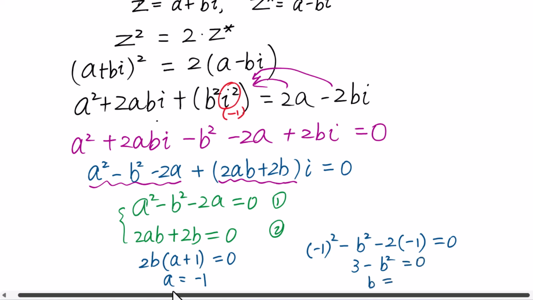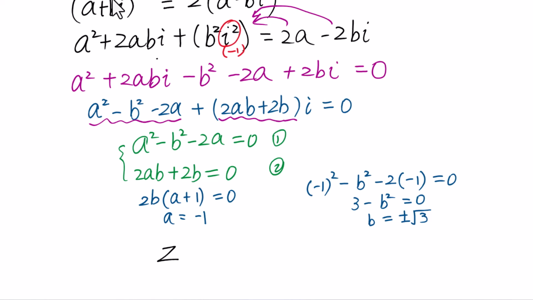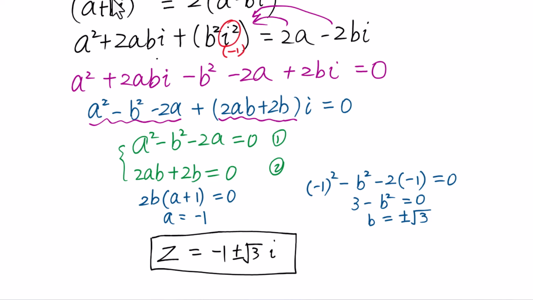So b equals plus or minus square root of 3. Therefore, z equals -1 plus or minus square root of 3 i. This will be the solution to the equation.